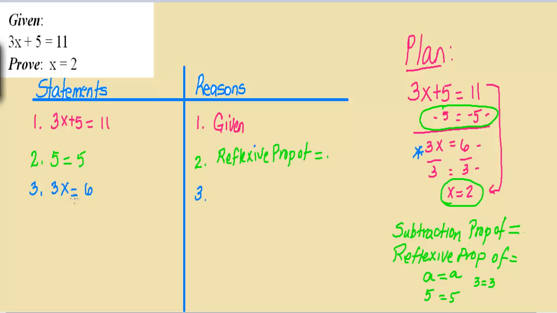So now, notice that I have 3x equal to 6, and someone can ask you, wait a minute, why did you write 3x is equal to 6? And you're going to say, well, because I used the subtraction property of equality that says if I subtract the same number from each side of this equation, then I end up with an equivalent equation. And here's the equivalent equation I ended up with when I took this 5, which I've stated already and presented proof that 5 is equal to itself.